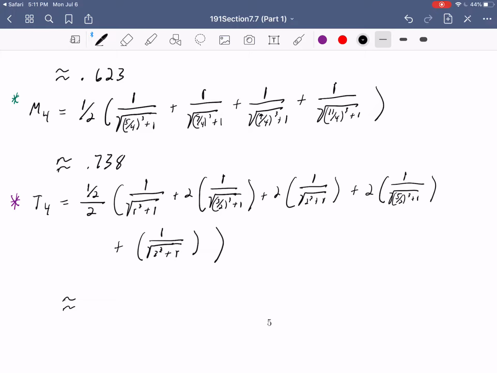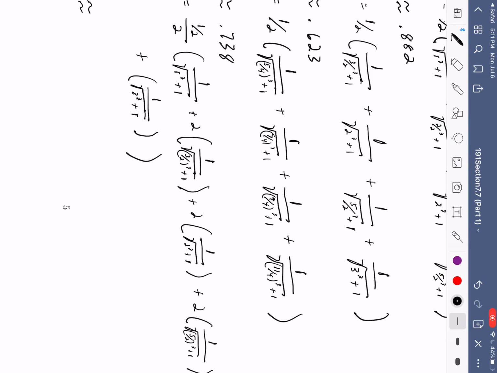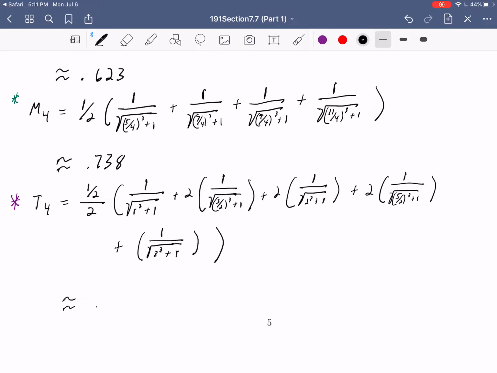Then we have to divide that by 4, because 1/2 over 2 is 1/4 out front, and it looks like that should come in as about 0.752. So there we go.